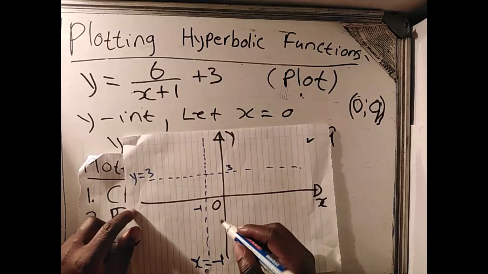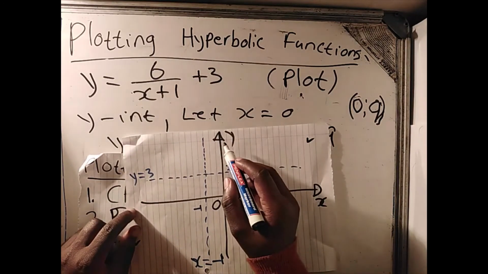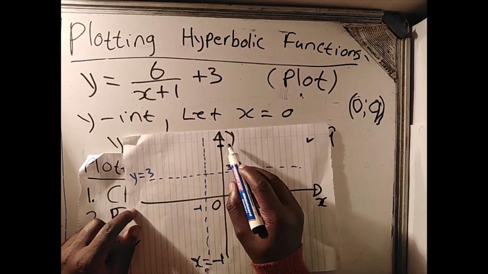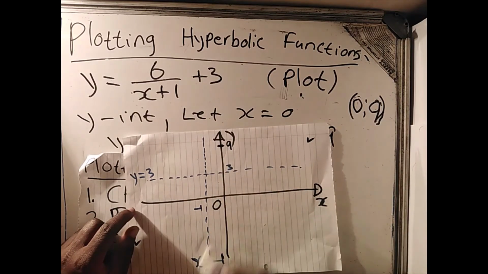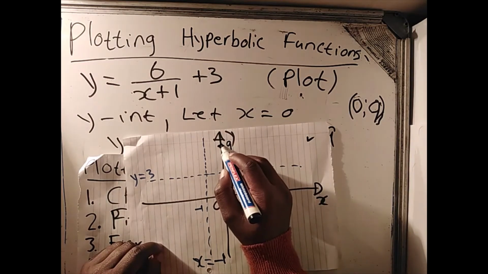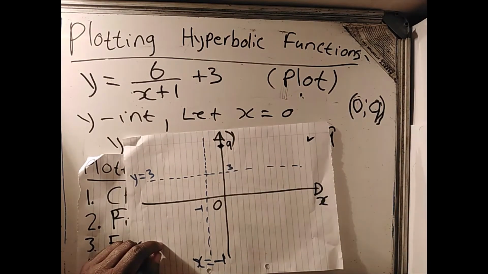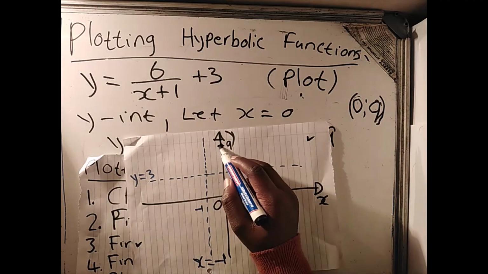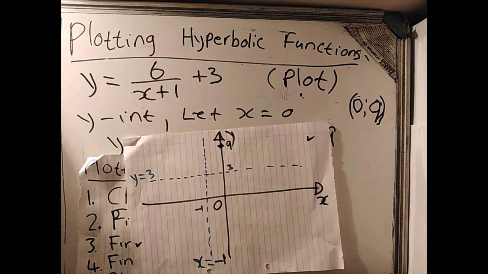So x is 0, and then y is 9. Let's say 9 is somewhere here. Remember, guys, this is not drawn to scale, so let's put this 9 here. Okay, so here's a point, and we've got a point here.